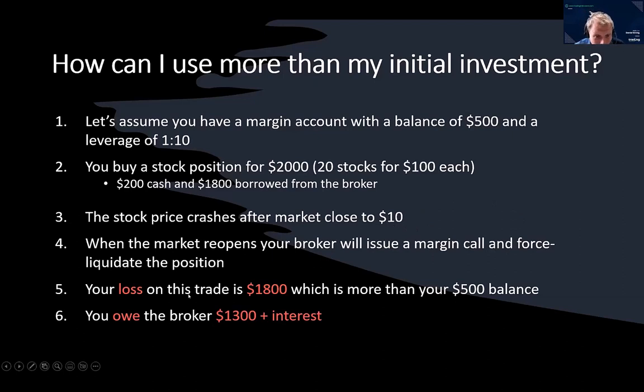So your loss on this trade will be $1,800, but your initial balance was only $500. This means you will owe the broker $1,300 plus interest for the short-term loan. Now, this doesn't happen very often, but if things go really catastrophic, it is a possibility.